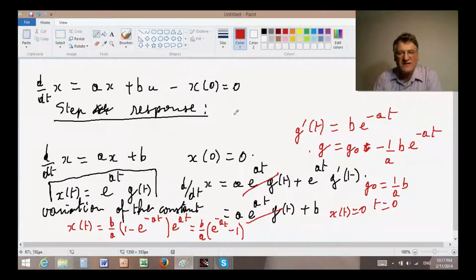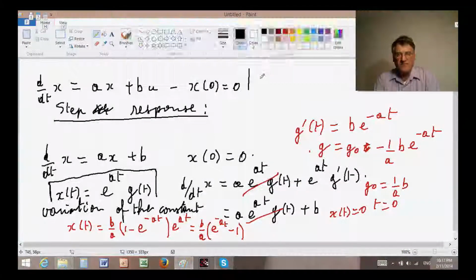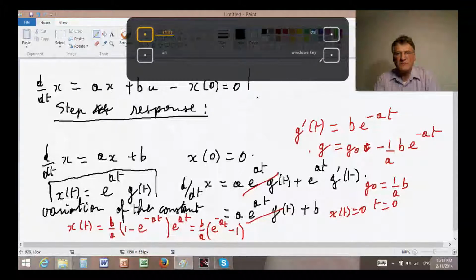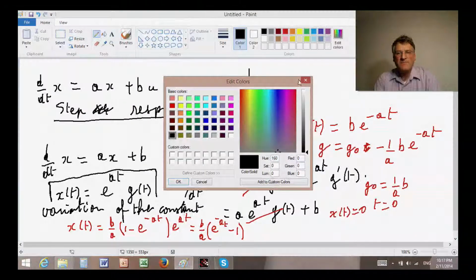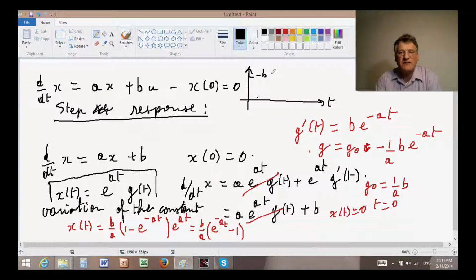And what we can say is that this kind of response looks like this. Let's change this. We just have time t here. We have minus b over a here.